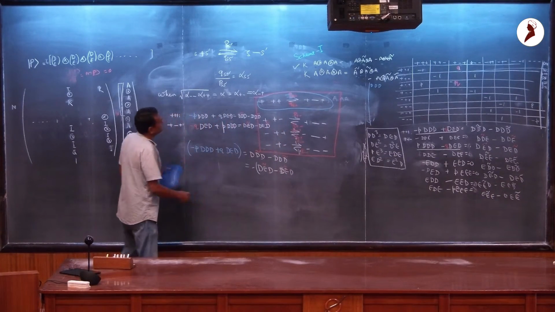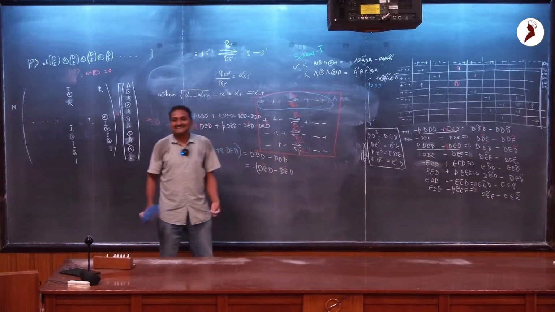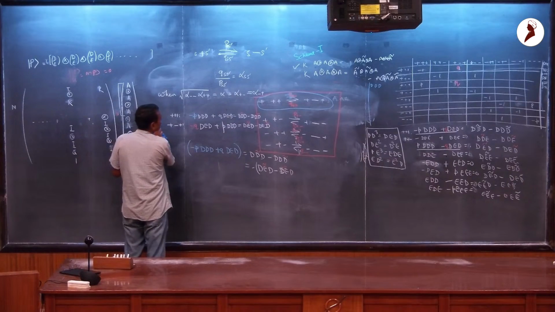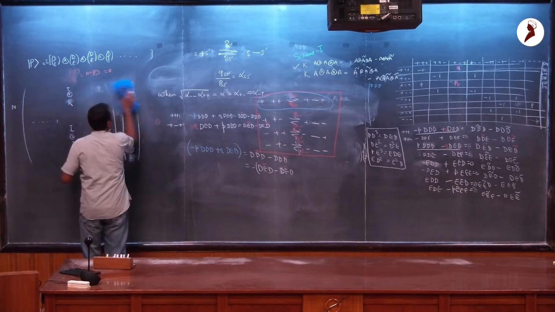Okay, so the question is to find out D and E. D tilde and E tilde are constants. So the solution, you write it. I will erase. Can I erase this now?